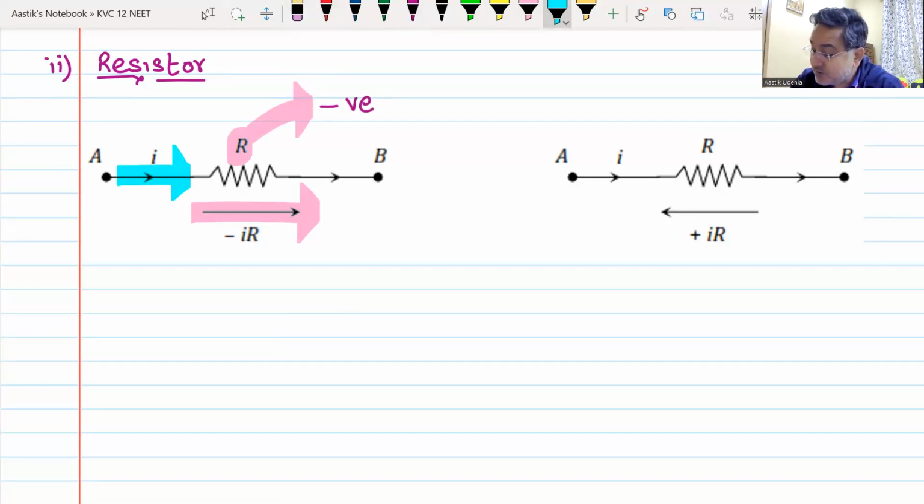Now, if I write the equation, remember, I'm writing the equation from A to B. Can anyone help me in writing the equation from A to B?